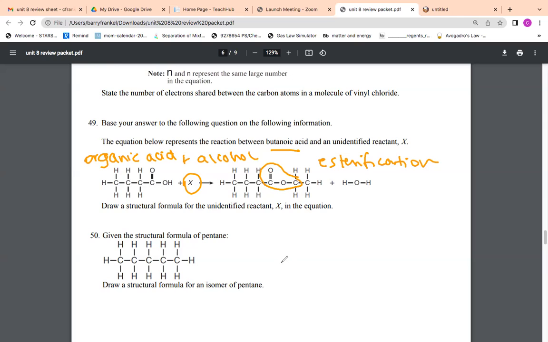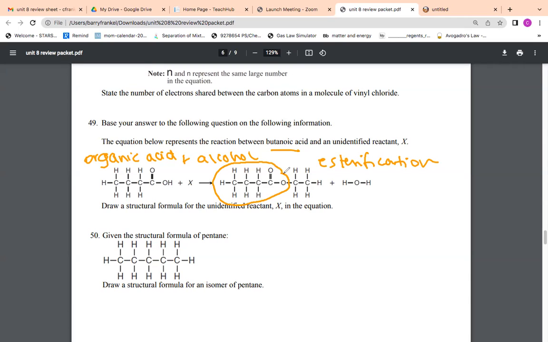Okay. So what I'm going to do is basically just redraw all of this stuff in a moment. But our alcohol, okay, again, in an esterification reaction, what happens? You have your alcohol, and that entire hydroxyl group basically just gets kicked off. Okay. So you see this double bond here. I'm going to cut this off a little bit right here, this whole section.